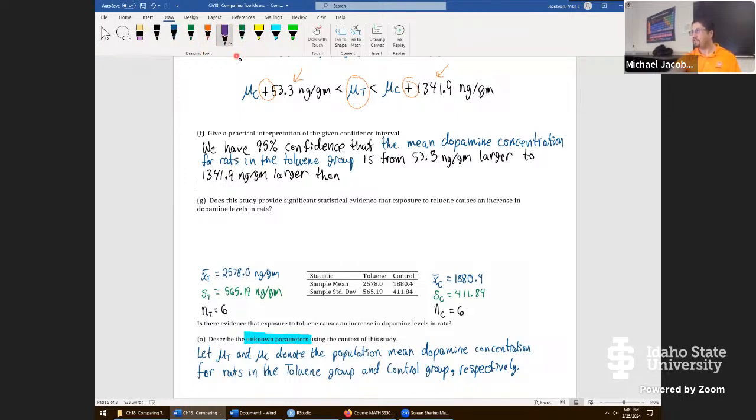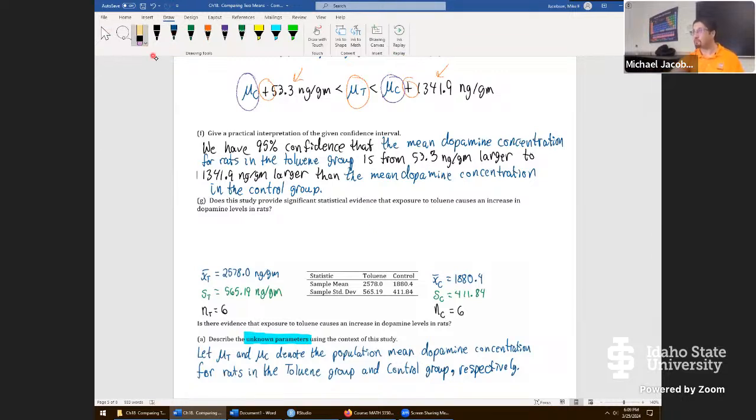Then, finally, we mention this portion, the mean dopamine concentration in the control group. Okay, let's take a look at that statement and see how we feel about it.